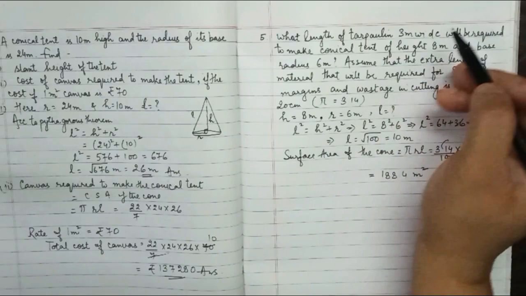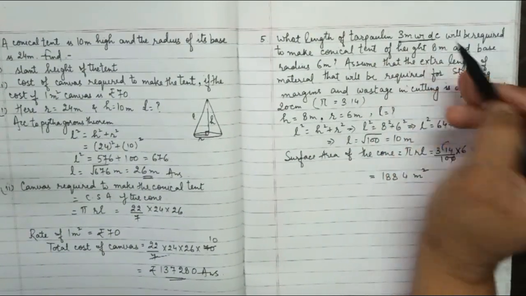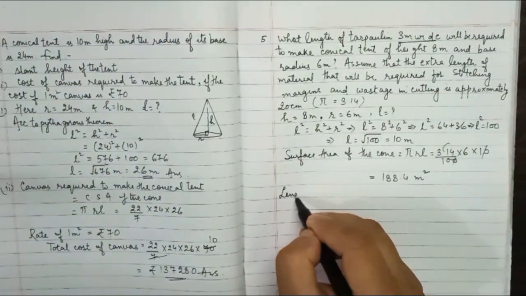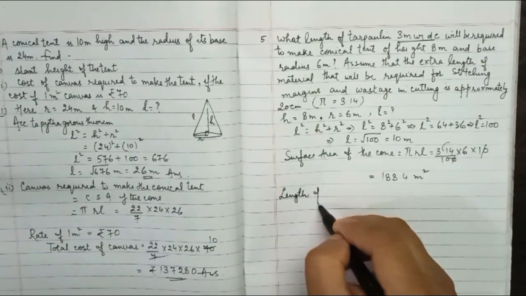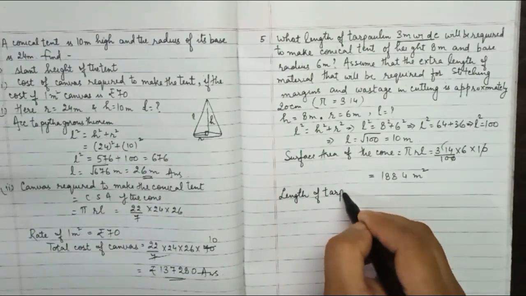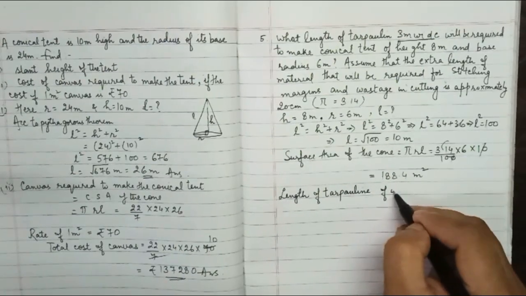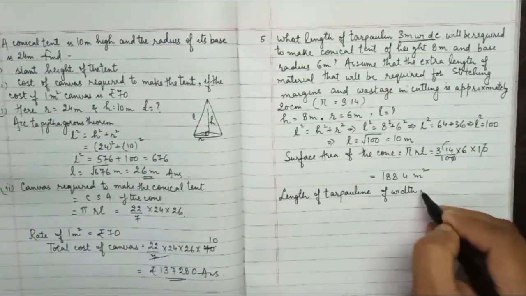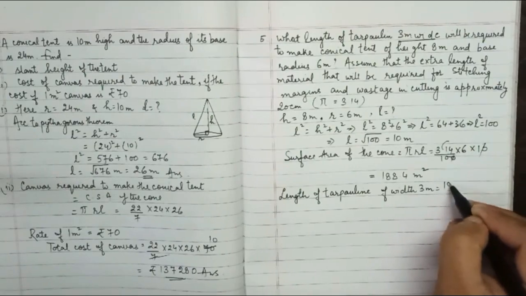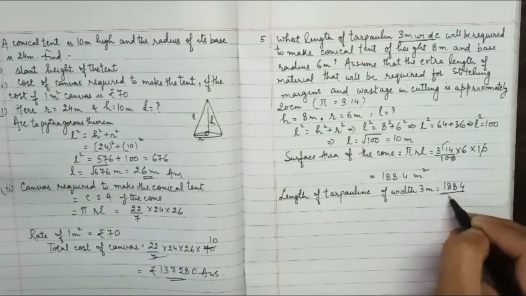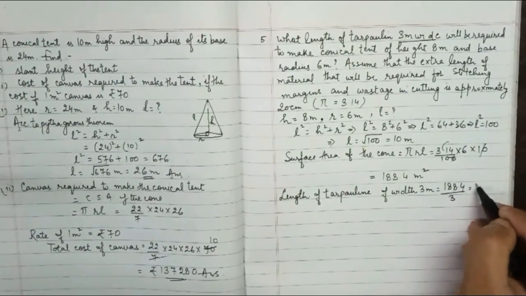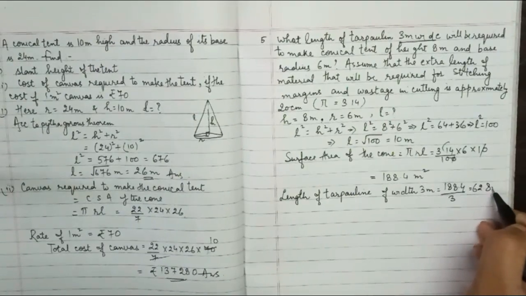As the tarpaulin is 3 meter wide, the length of tarpaulin required will be equal to 188.4 upon 3, which is equal to 62.8 meter.